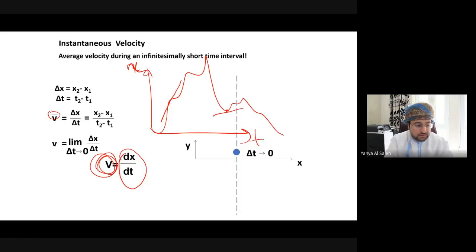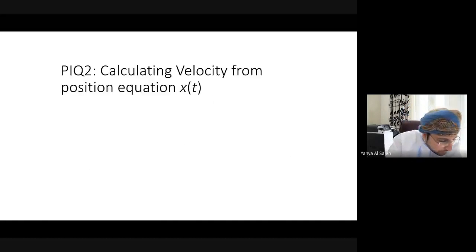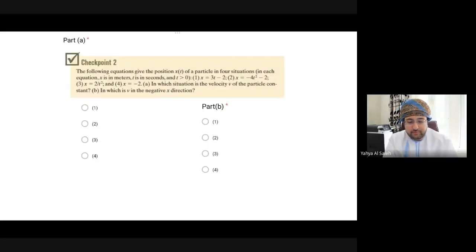Let's do a PIQ to see. Say we have a position equation. The following equations give the position x of t of a particle in 4 situations. X equals 3t minus 4. X equals minus 4t squared minus 2.